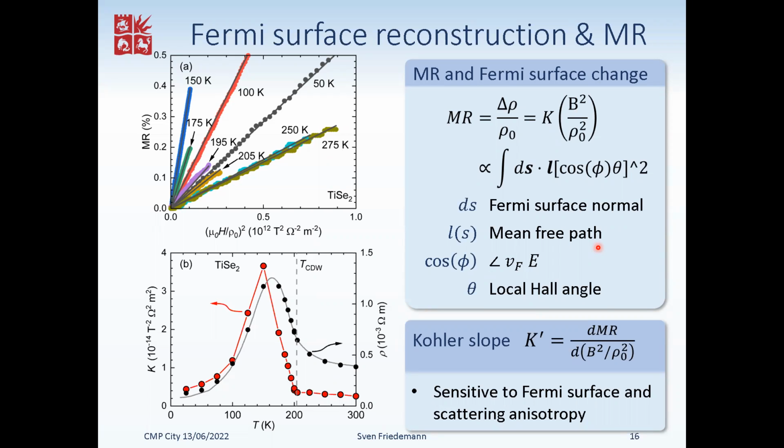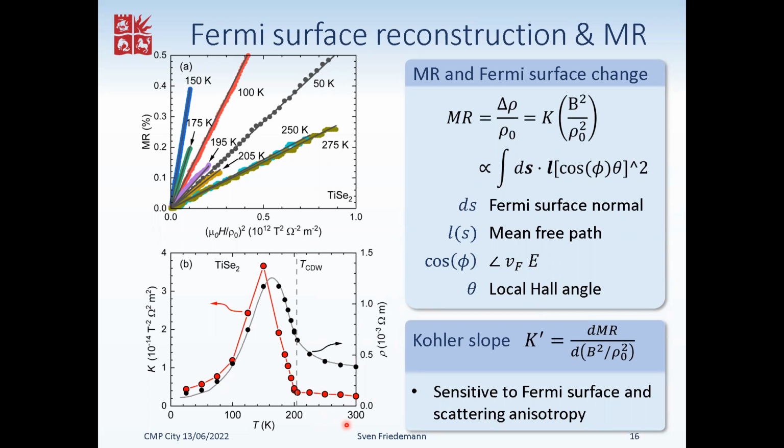The mean free path, of course, is sensitive to any changes in scattering anisotropy. So we can't tell whether the magnetoresistance is picking up the Fermi surface change via the Hall angle or the scattering anisotropy change via the mean free path, but both of them are expected to change at the charge density wave transition. So it's quite clear that we can expect some sensitivity here. And I'll continue to use this tool of the magnetoresistance through our high pressure studies as well.